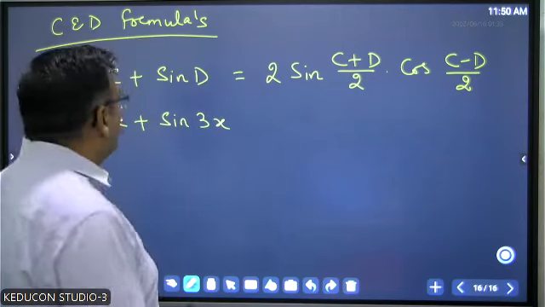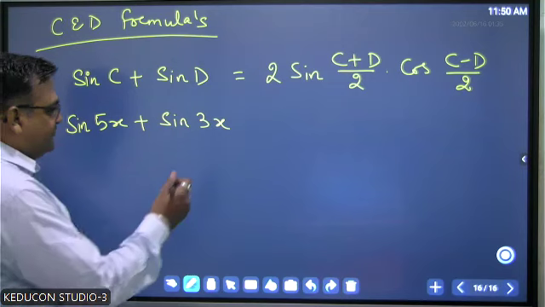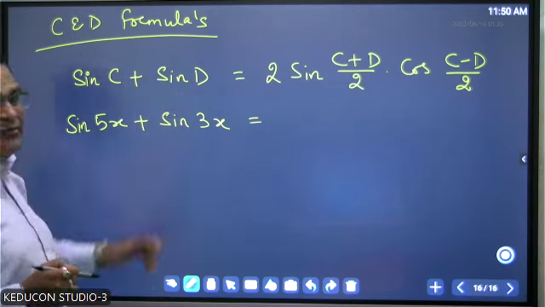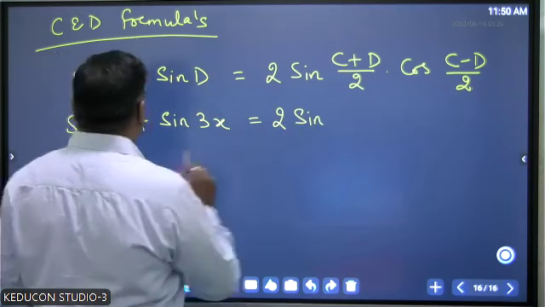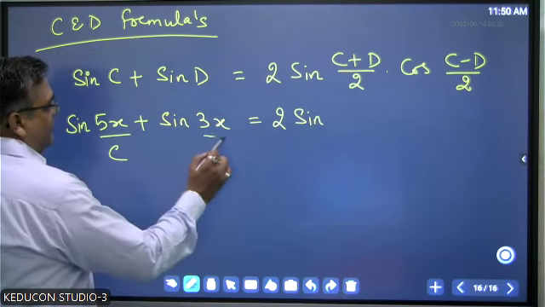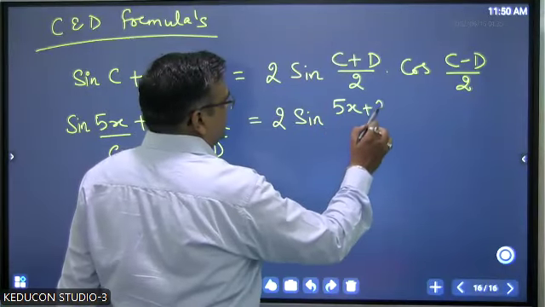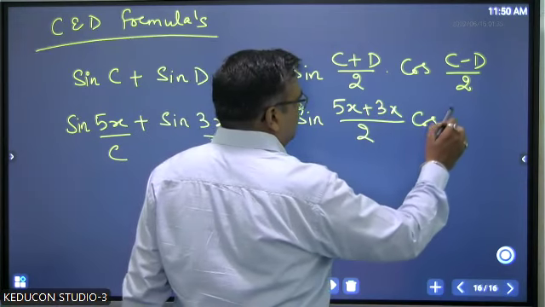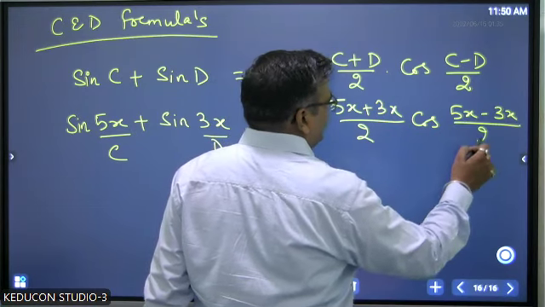Right. So, students, we were doing this question, sin C plus sin D. Apply this formula: 2 as it is sin. Now, what is C? This is C. This is D. C plus D by 2, cos C minus D by 2.